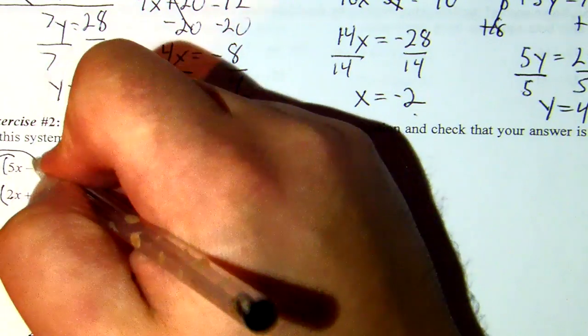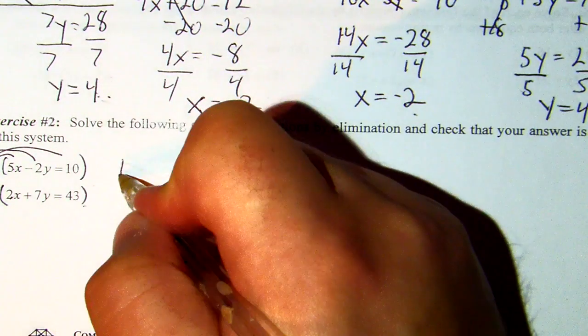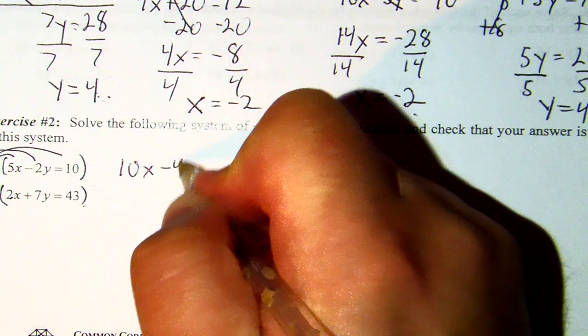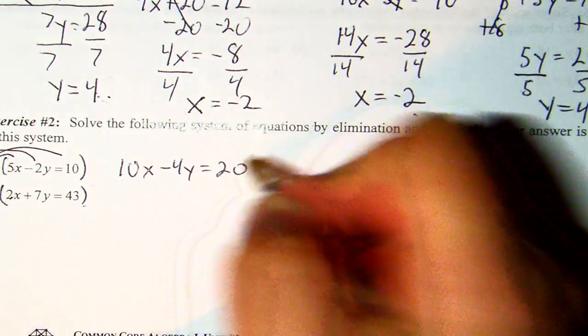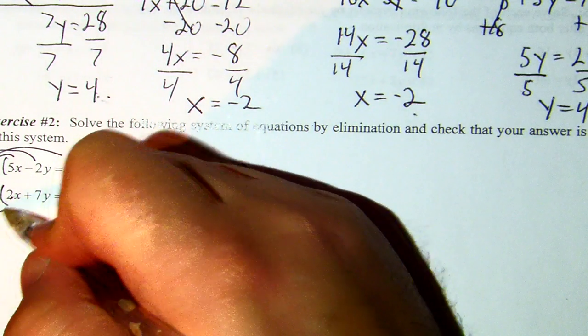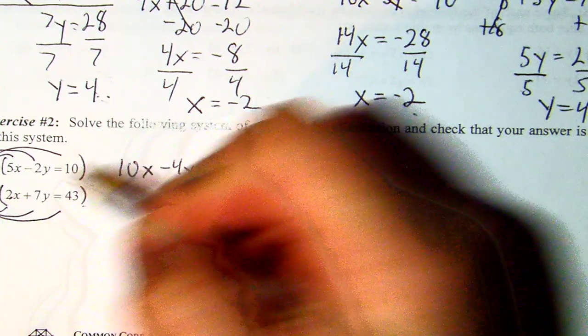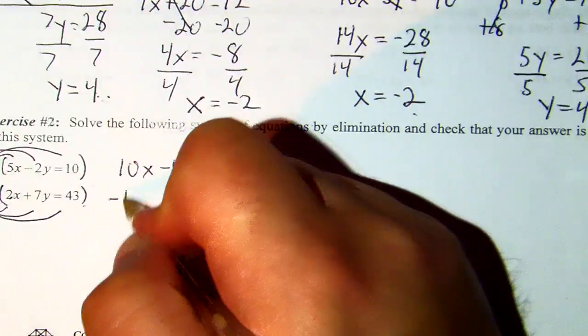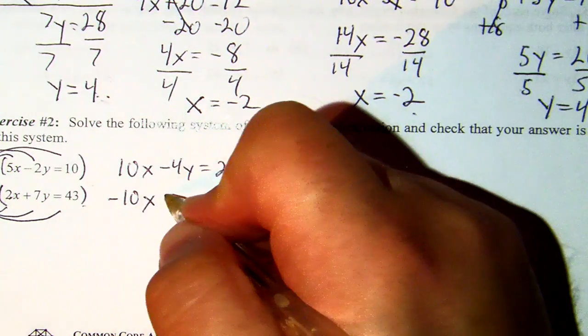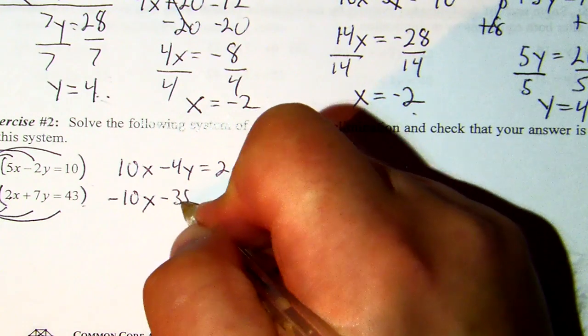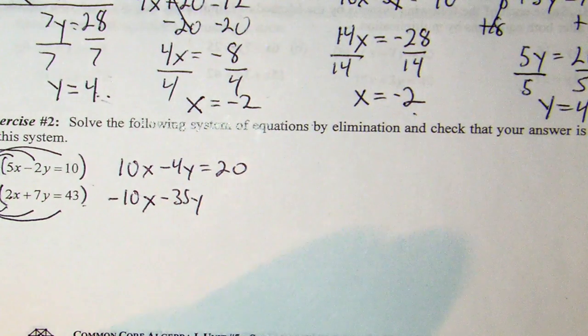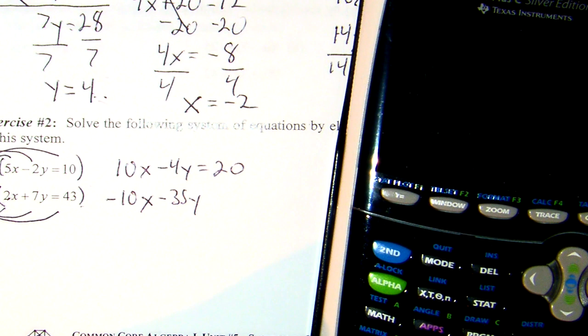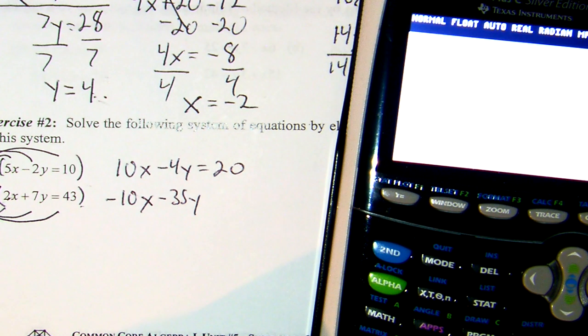Okay, so I'm going to distribute the top one, and I'm going to get 10x minus 4y equals 20. Bottom one, I'm going to get a negative 10x minus 35y, and then negative 5 times 43. Let's just go ahead and put that in the calculator real quick.